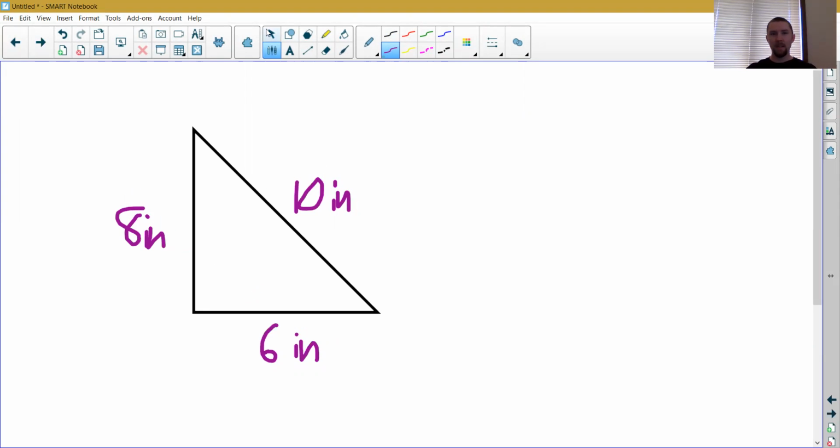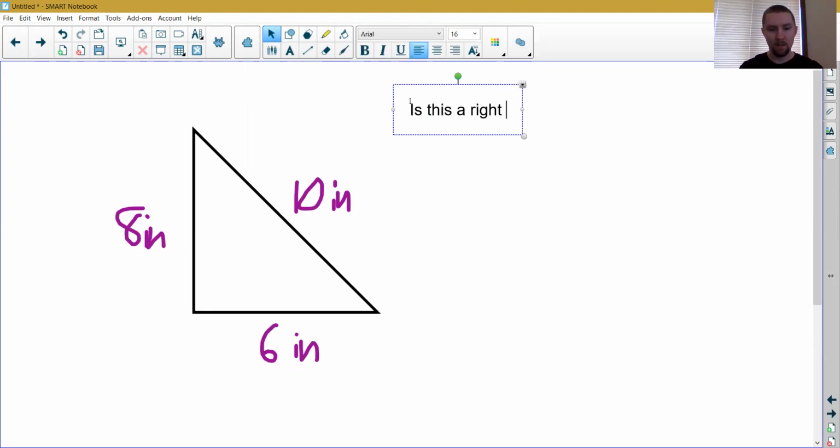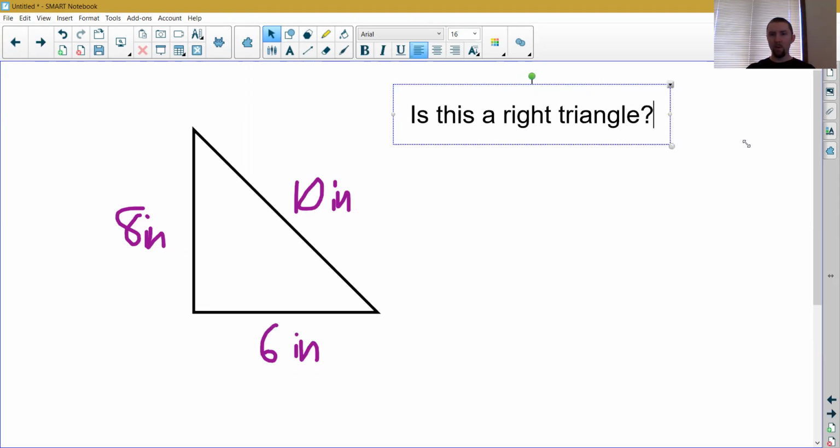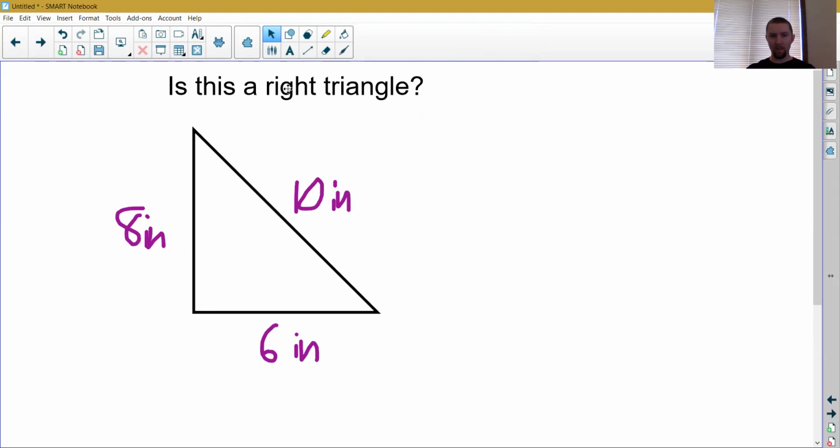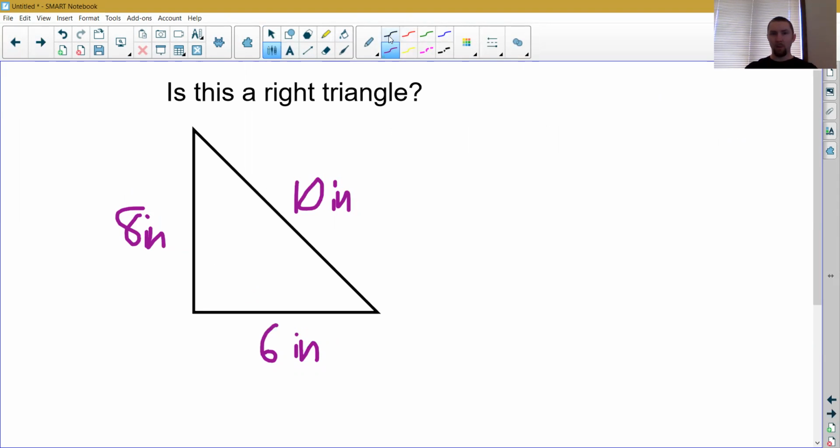So we know the sides of the triangle are 6, 8, and 10. The question is, is this a right triangle? Well, we can answer that question with the Pythagorean theorem. We just plug values in for each of our 3 variables, A, B, and C. The 2 legs, the 2 shortest sides, would be A and B, and it doesn't matter which order you do them in.